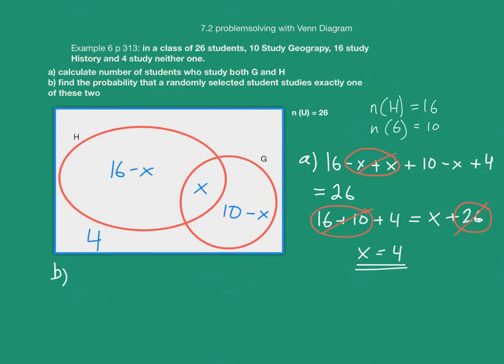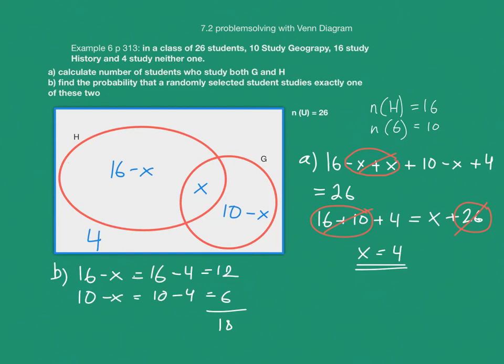And now that we know that x is 4, we could say that, okay, 16 minus x equals 16 minus 4 equals 12, and likewise 10 minus x equals 10 minus 4 equals 6. And so we know that the number of students who study exactly one of these two subjects is 18.